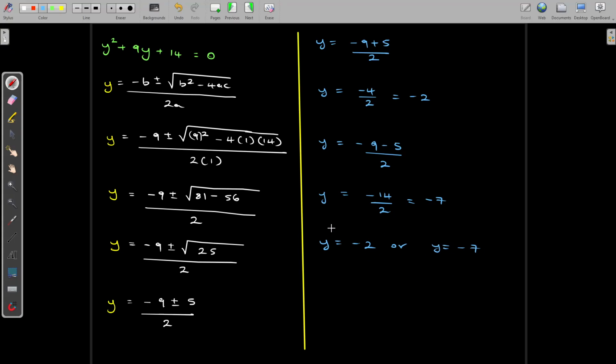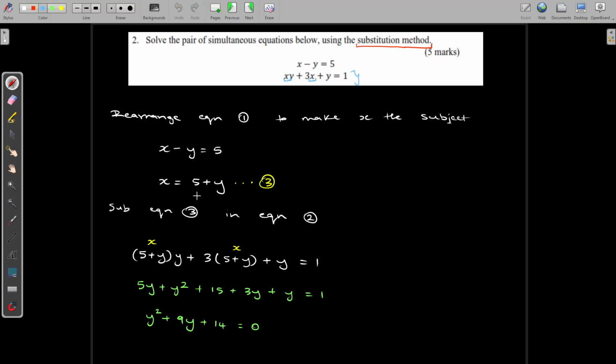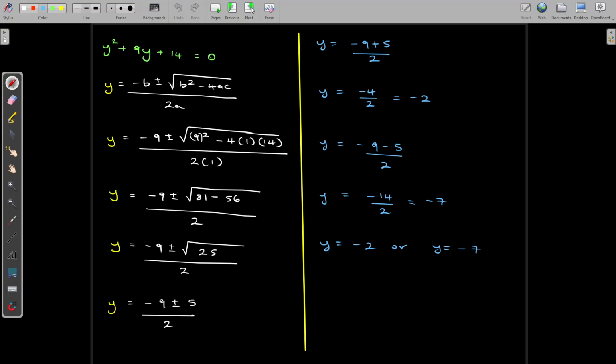So now that we have the solutions for y, we need to find the solutions for x. X is equal to 5 plus y. So we can simply use that information to find what x is. So when y is equal to negative 2, x is equal to 5 plus negative 2, that's equal to 3.